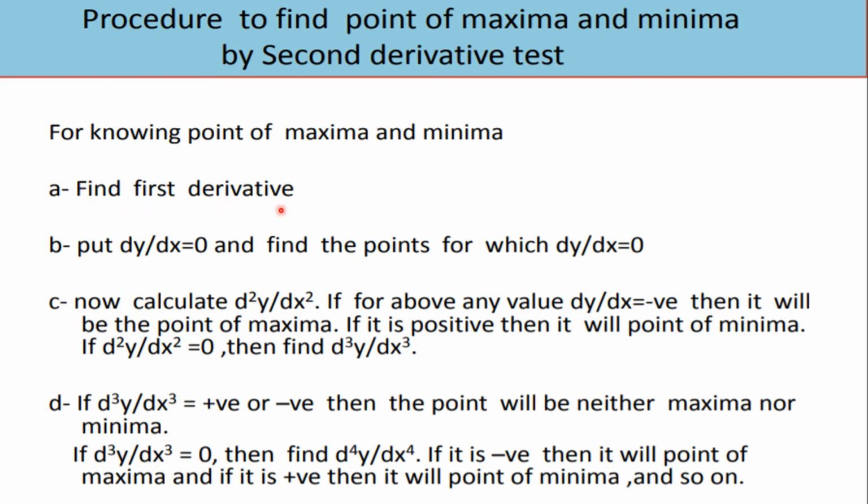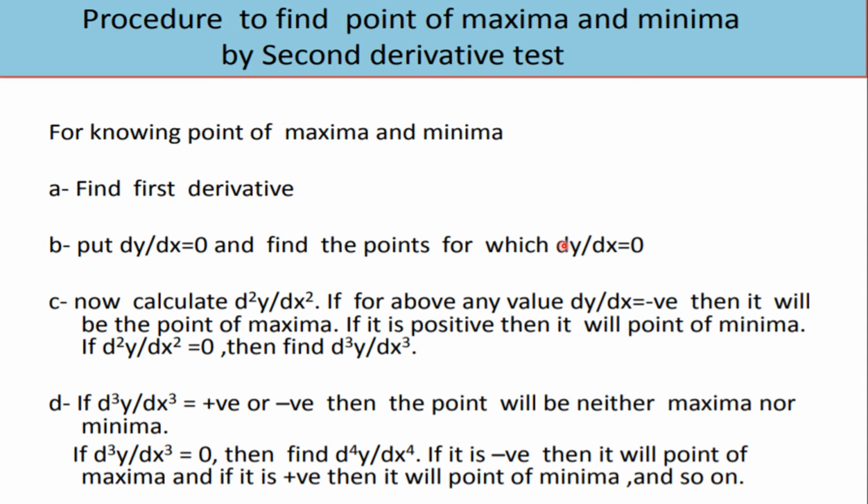We have to find dy by dx. Second step: put dy by dx equal to 0 and find the points for which dy by dx is equal to 0. This is nothing but critical points. In this stage, we are going to find critical points, stationary points.